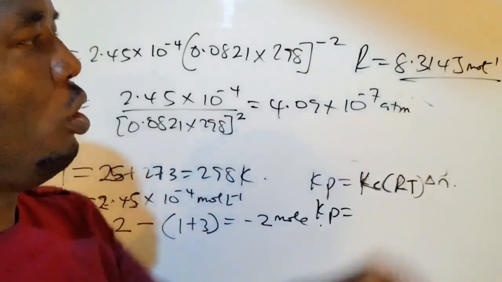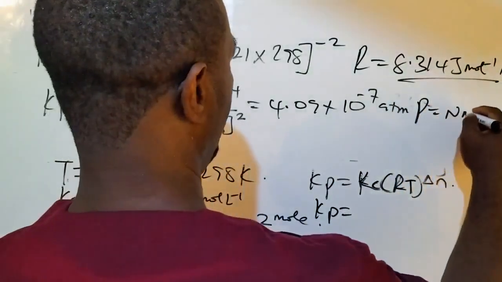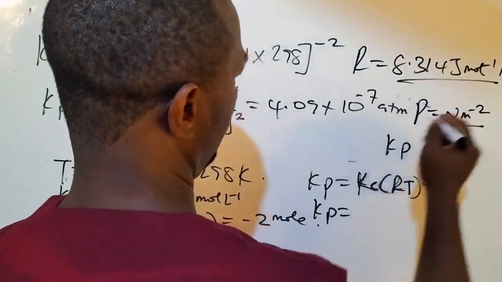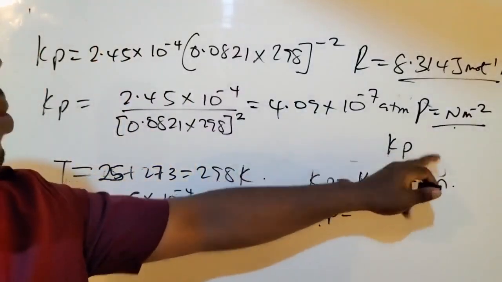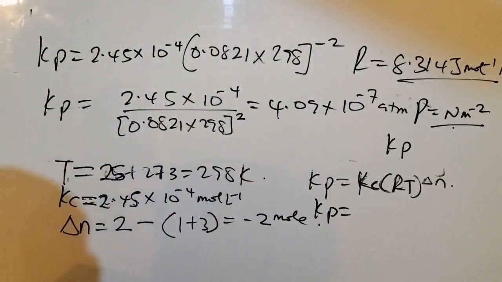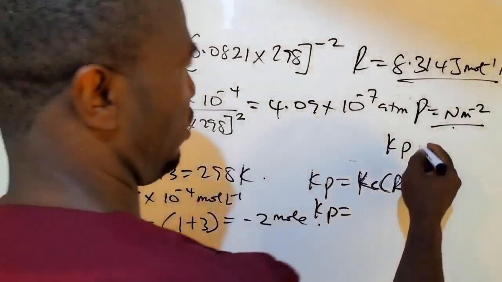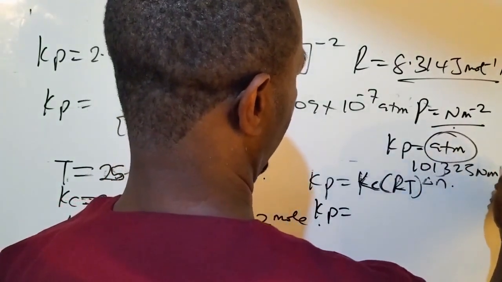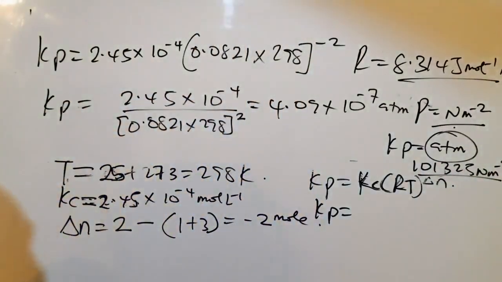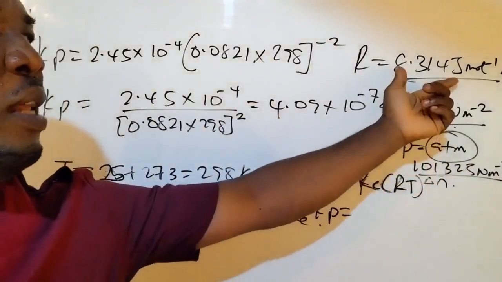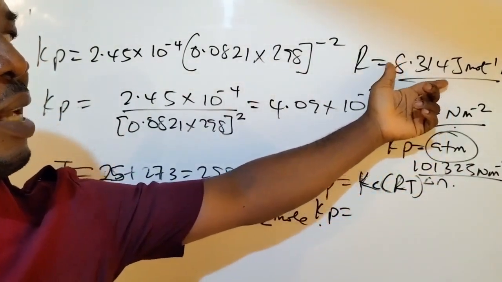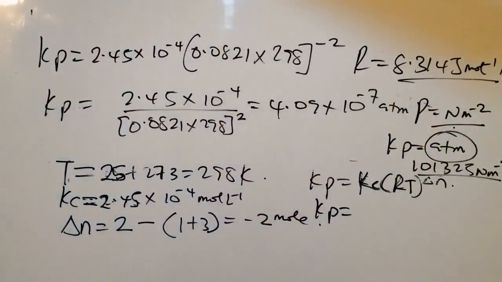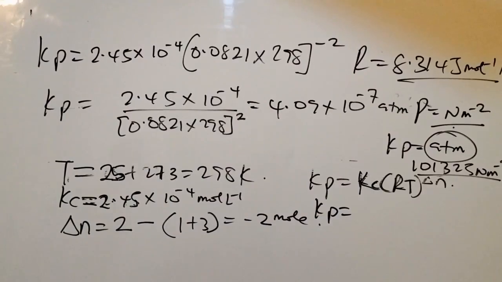Then your pressure must be in Newton per meter squared, that is your Kp must be in this unit. If it's in atmosphere, you must convert, as I did in the first example, by using 101325. But if it's not in atmosphere, you can apply this constant directly in the formula and then calculate. So you see how to go about it. We'll take another example on this, and then we'll move on.